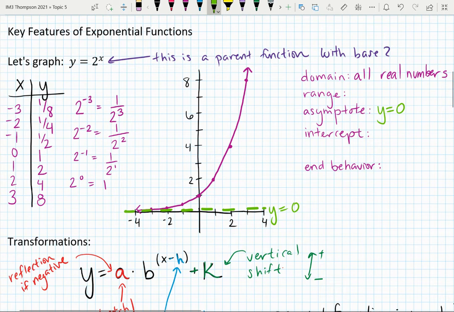So the range can be written in different ways. If I were to write that in interval notation, I would write from 0 to infinity. If we were to write that in inequality notation, it would look like y is greater than 0.